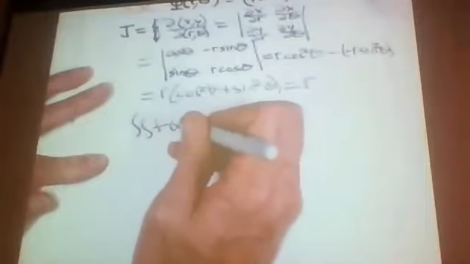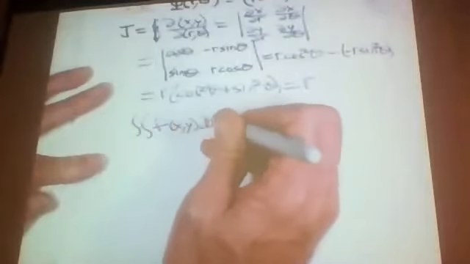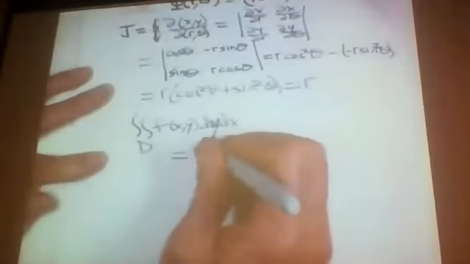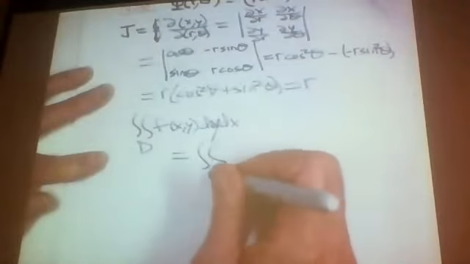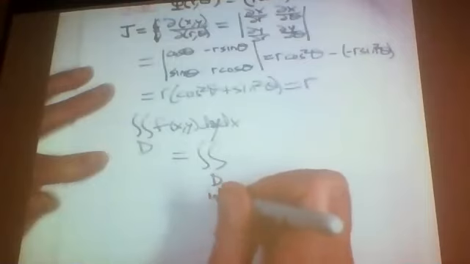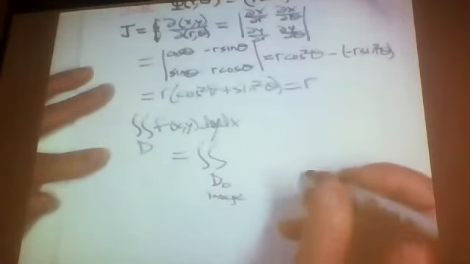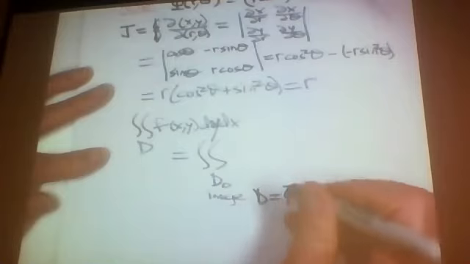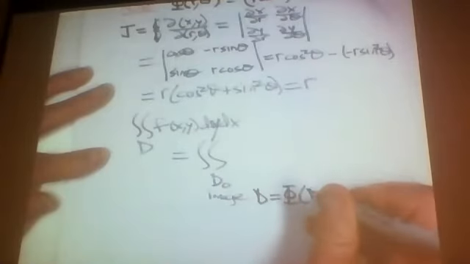That's the proof that if you want to evaluate an integral in xy coordinates, f of xy, dx dy or dy dx, it doesn't matter, over some region D, you can rewrite it according to what we just did over region D0, that's the preimage. We sometimes write D equals phi of D0.